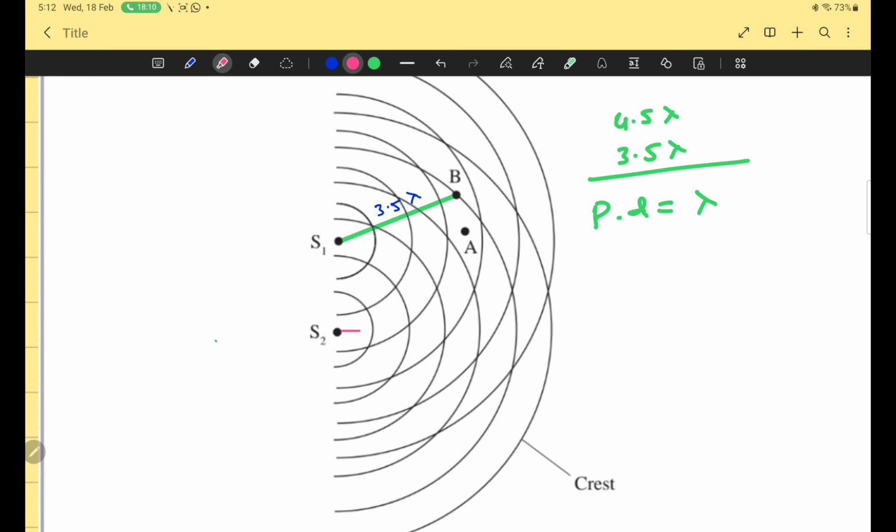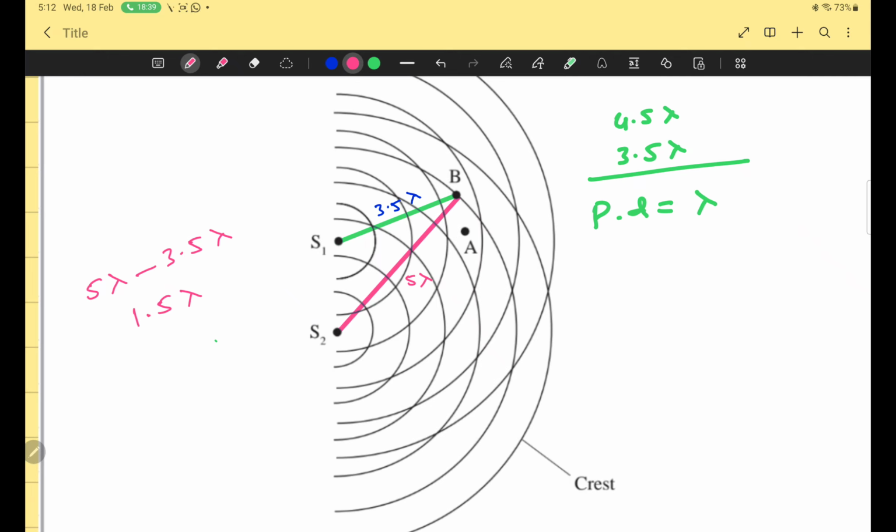And now from source number two, measure or count: 1, 2 lambda, 3 lambda, 4 lambda, 5 lambda. So this length is 5 lambda. So if I ask you what is the path difference, it is 5 lambda minus 3.5 lambda. So the path difference is 1.5 lambda.